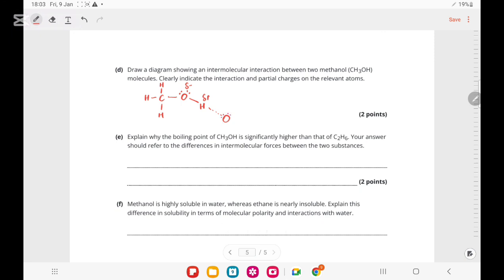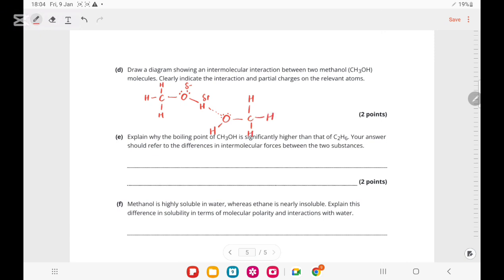Remember, hydrogen bonding is developed between hydrogen and another highly electronegative element, which should be oxygen, fluorine, or nitrogen. It develops with the lone pair on the most electronegative element, and this is the way we can show hydrogen bonding.